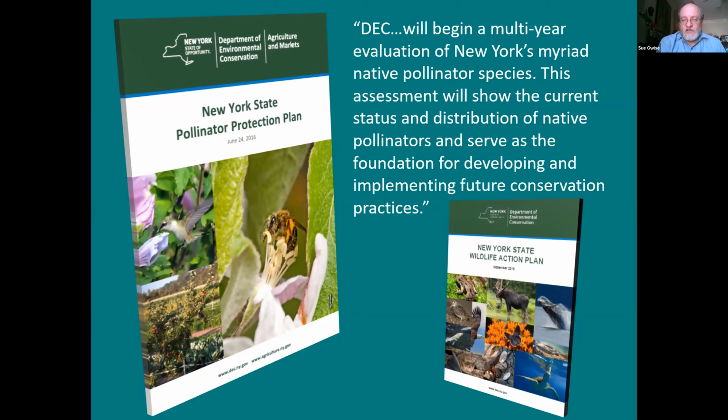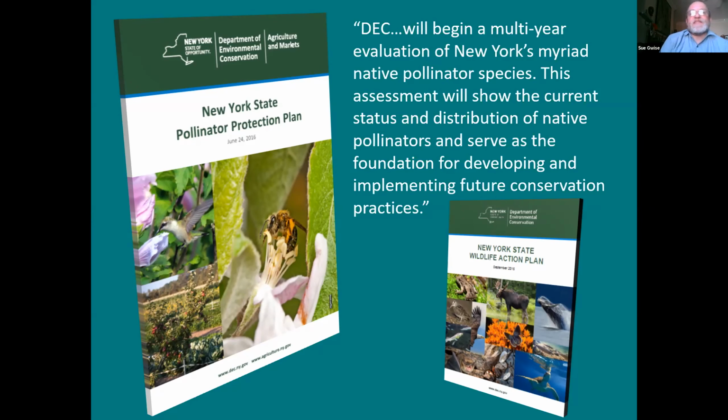Around the same time, or a little bit before that, actually, the New York State Wildlife Action Plan was released. This is a document that the state has to put out in order to receive a certain kind of federal funding called state wildlife grants funding. And my program nominated bumblebees as consideration of some of the species that they were concerned about, what they call species of greatest conservation need.